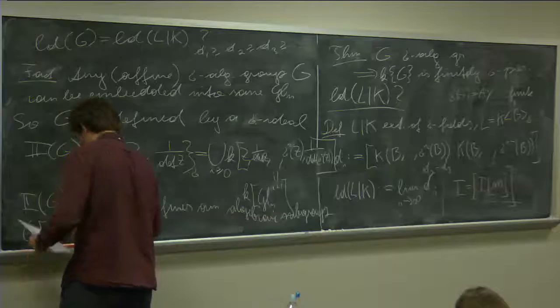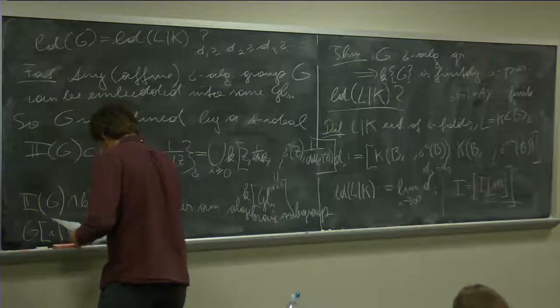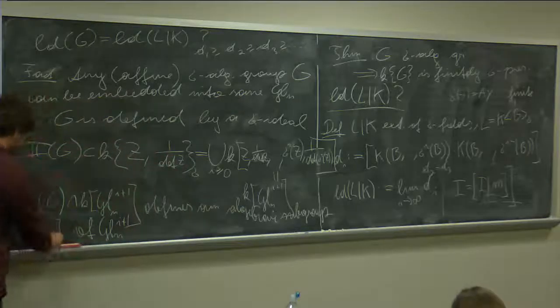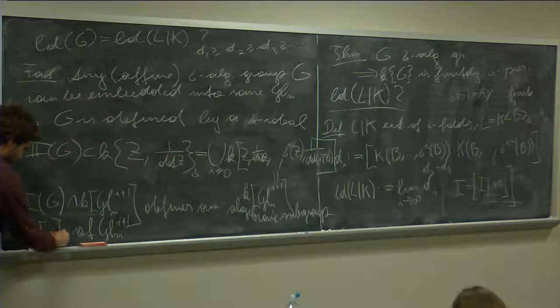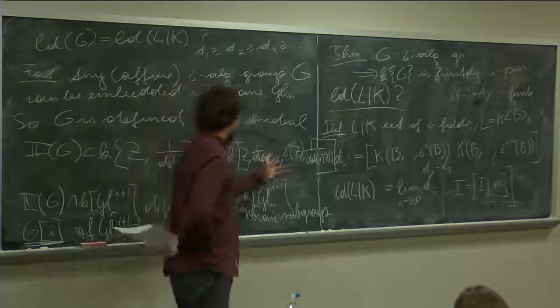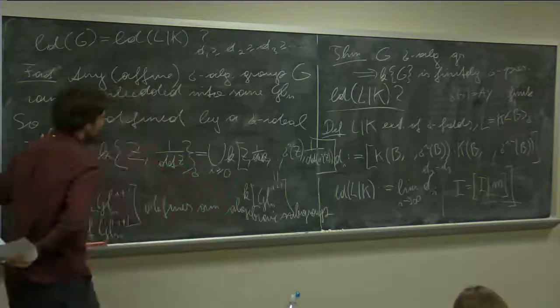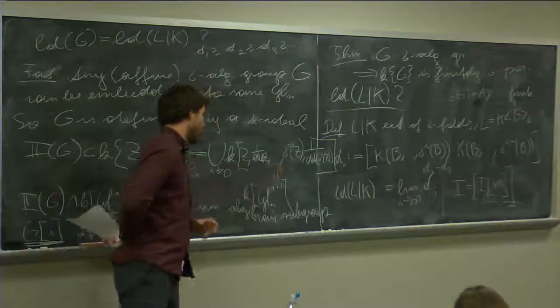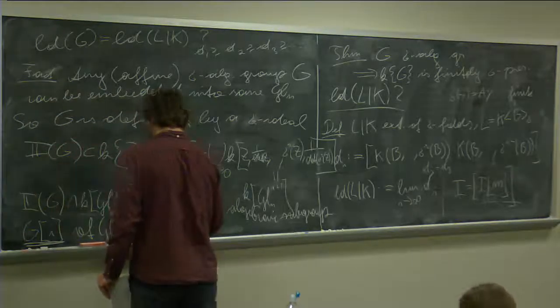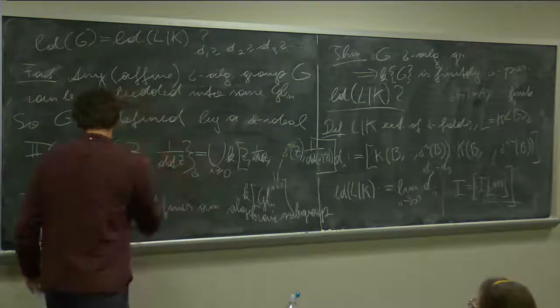This is a subgroup of GL_n to the power i plus 1. That's the group I've just defined. It's an algebraic group defined by the defining equations of the original difference algebraic group up to order i. This is what we call the ith order Zariski closure of G. So it's an algebraic group.